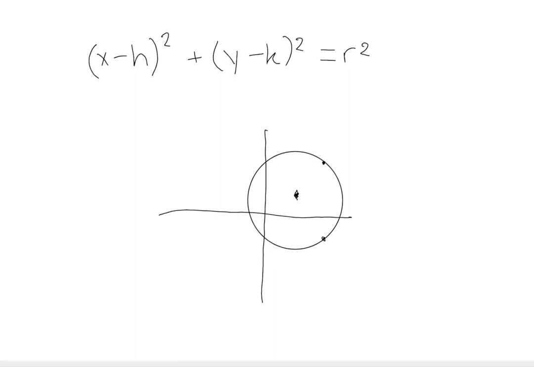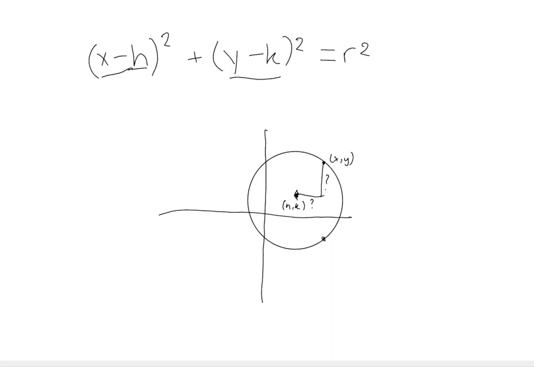In order to find this distance, we've got to subtract the x value from this point from the x value from this point to get whatever this value is right here. And then to get this value right here, we've got to subtract the y value from this point and the y value from this point. Once we know those two values, we can use Pythagorean's theorem, and we can square them, and we know that it should equal the radius squared.